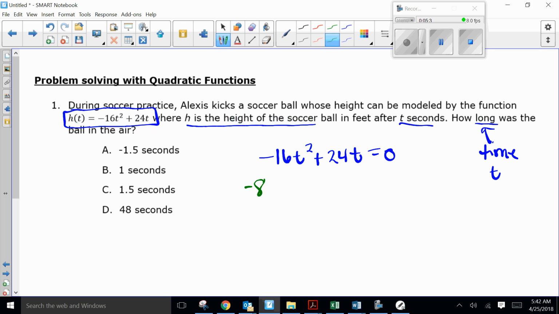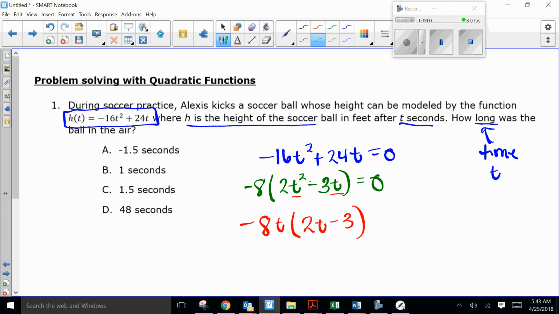So that becomes 2t squared minus 3t. I also know that I have a common factor of t, so I could actually take out a t. So now I can have negative 8t, so negative 8t times 2t minus 3.